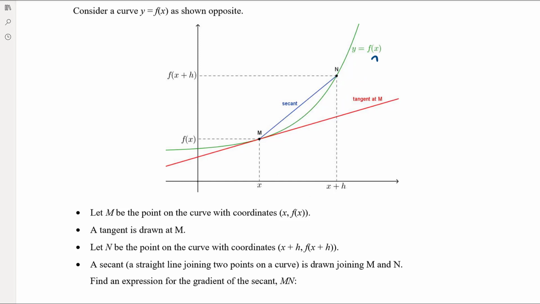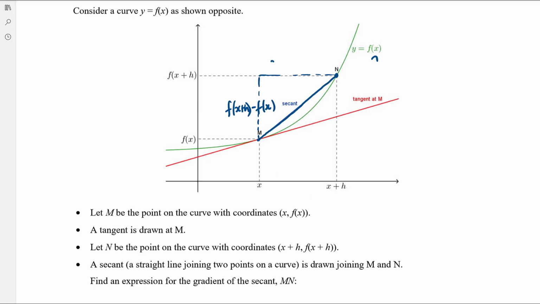We can join those 2 points with a secant. I think we've met the word secant in a previous video. It's just a straight line that joins 2 points on a curve. We can calculate the gradient of that secant because it's just a straight line, so it's rise over run. The rise would clearly be f of x plus h minus f of x, the difference in the y values.